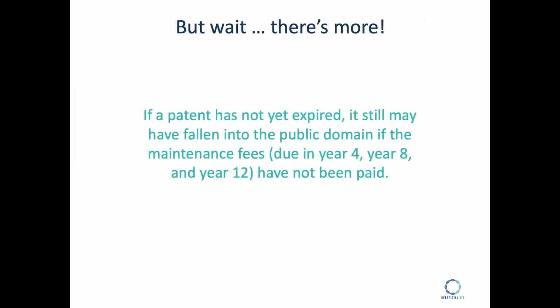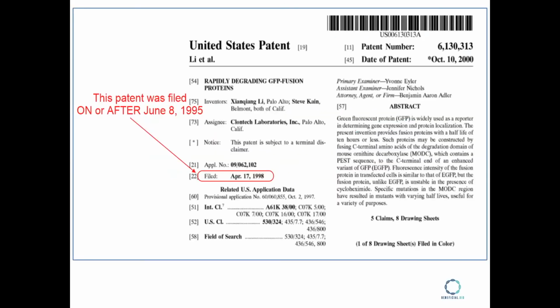But wait, there's more. It's also possible, as we talked about, if the patent holder doesn't pay fees in years 4, 8, and 12, that the patent might expire early. So let's take a look at what that might look like. Here again, we have another patent. It was filed on or after June 8th, 1995, so we know it's going to be 20 years from earliest priority.